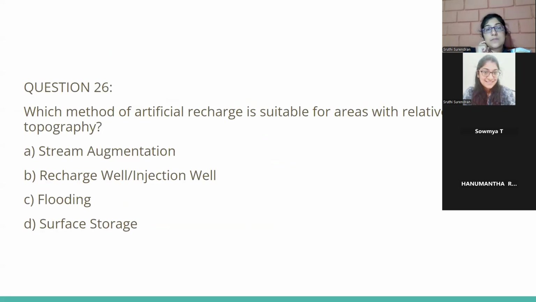Now, which method of artificial recharge is suitable for areas with relatively flat topography? Just now we saw that the ditch and furrow system is suitable for areas with irregular topography. The question here is, for areas with flat topography, what recharge technique is suitable?